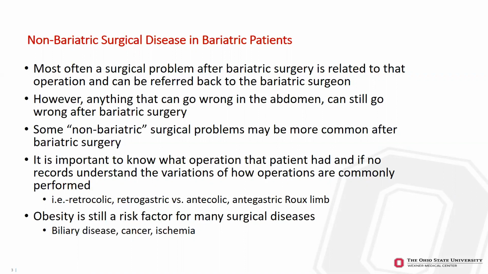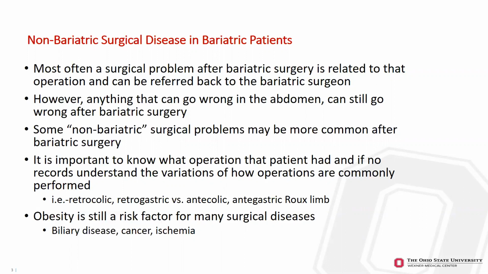And if you don't have the operative records because it was done somewhere else, understanding the variances of the operations and how they're performed will really make a difference for what you find in the operating room. For example, in a gastric bypass, if somebody's had a retrocolic or retrogastric Roux limb, that may be very different than if they had an antecolic or an antegastric Roux limb.